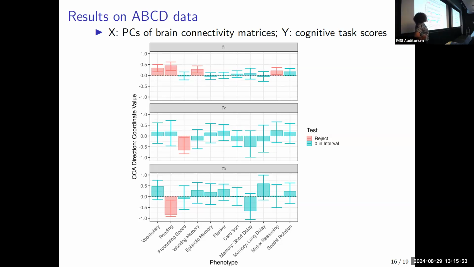So this is the first three canonical directions, the most important things. The red ones are the ones where the bootstrap confidence interval doesn't cover 0. So according to bootstrap inference, these are significant. You can look at which task shows up at which component, so you see they're distinguished.